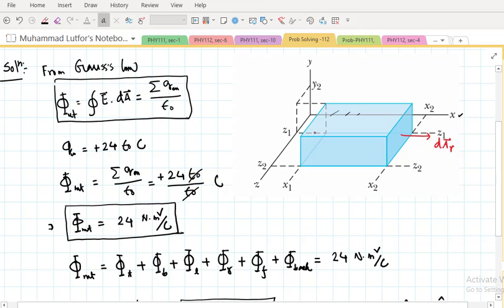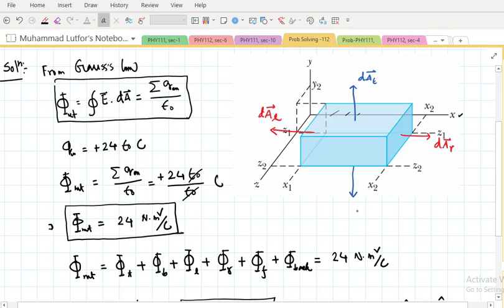In the same way, this would be the area vector direction dA for the left one. I'm using a different color so it is easier. So this would be the area vector for the top. I'll write dA with a small t for top, and this one would be towards the negative y direction.